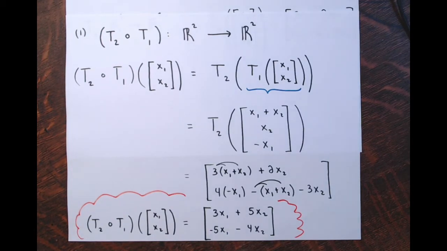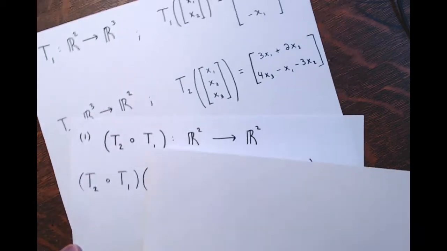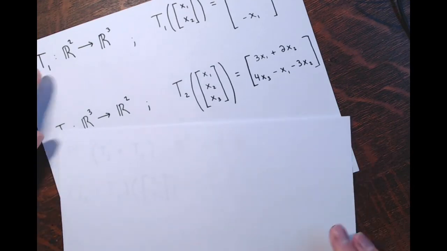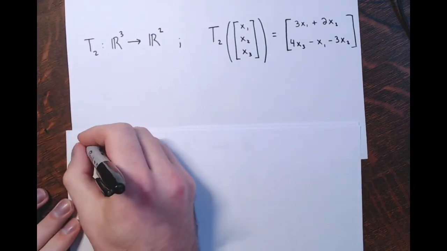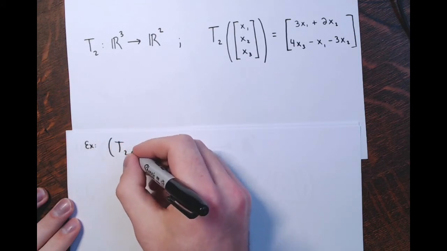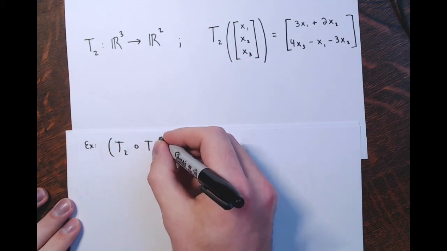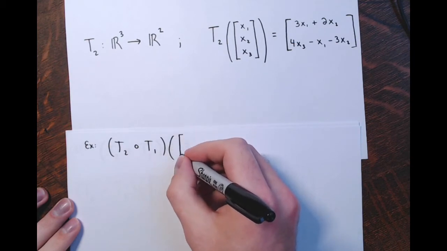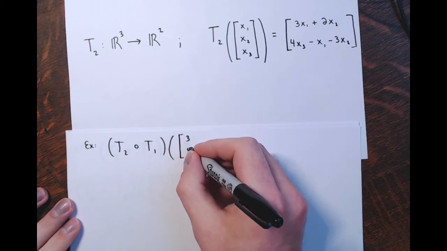So let me actually do that. You don't have to do this, but let's find, just one example here, what would be T2 composed with T1 at the vector, I don't know, 3, 4.